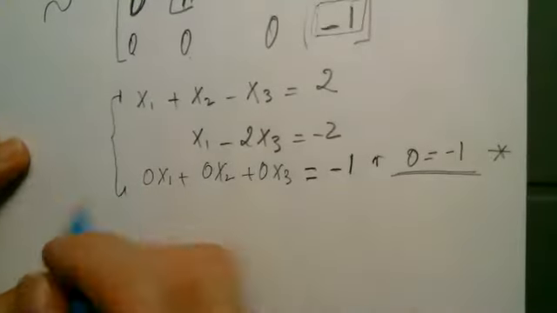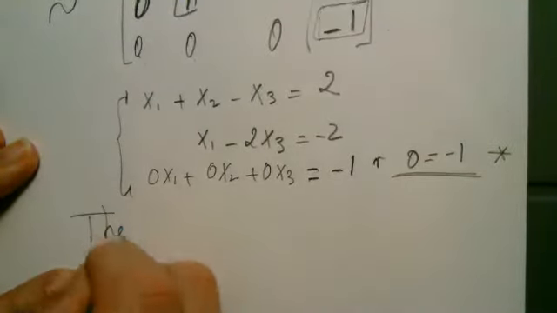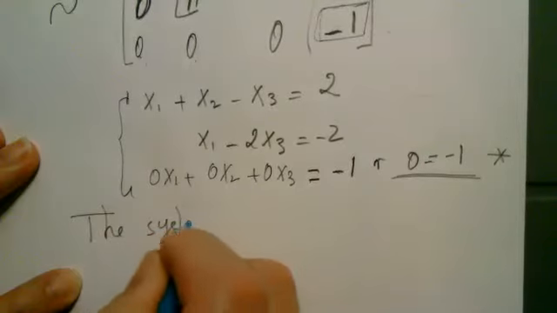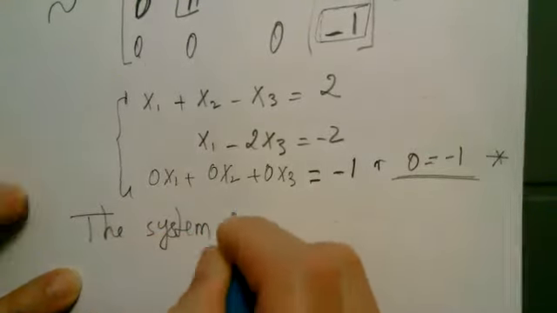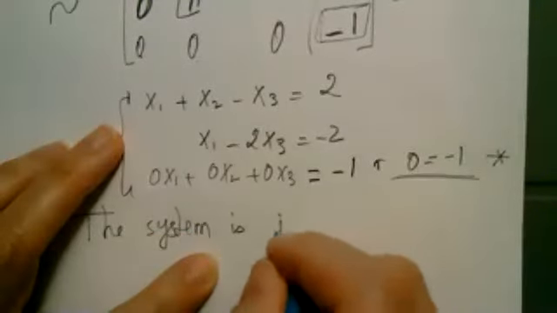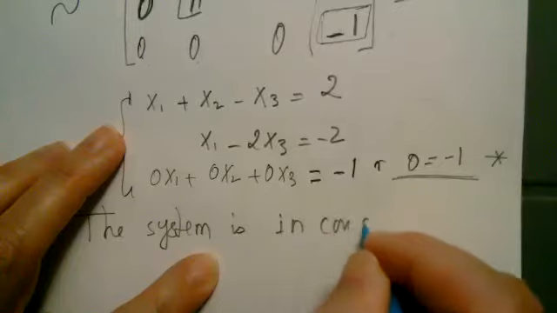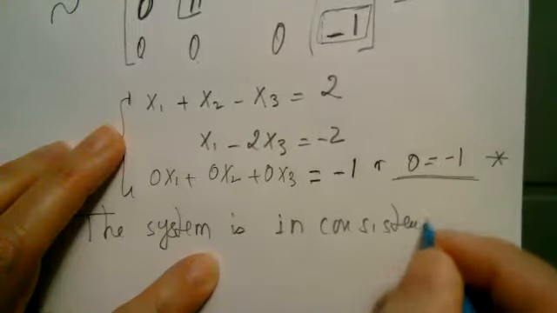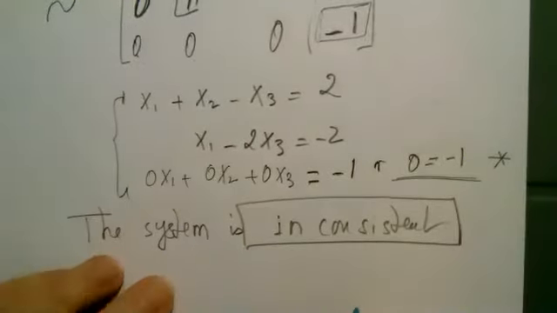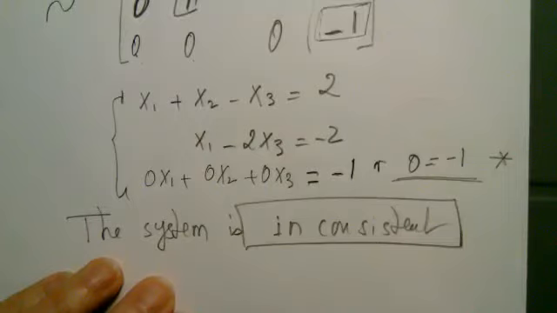What this tells us is that the system is inconsistent. It means there is no solution to the system. Inconsistent means no values of x1, x2, x3 can satisfy all the 3 equations.